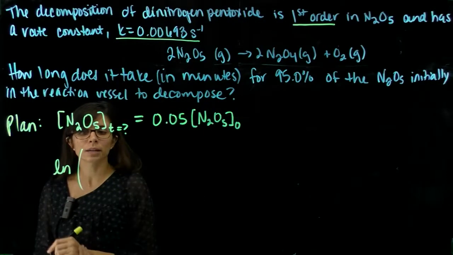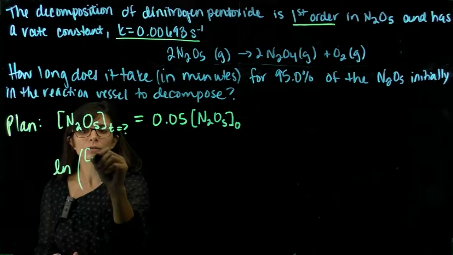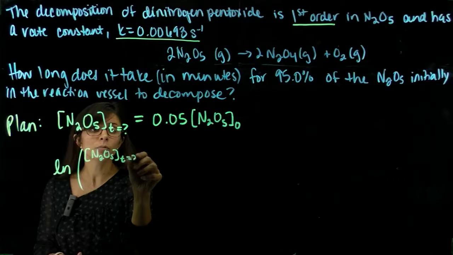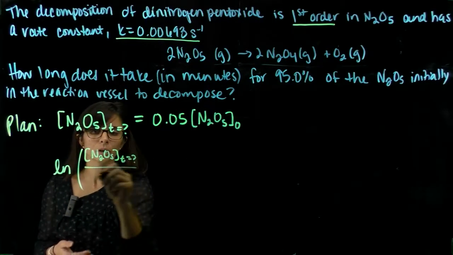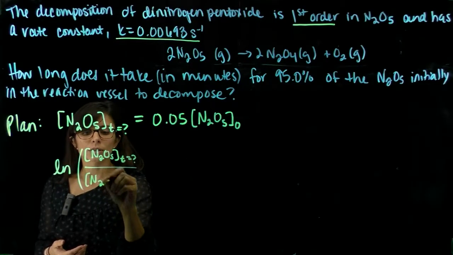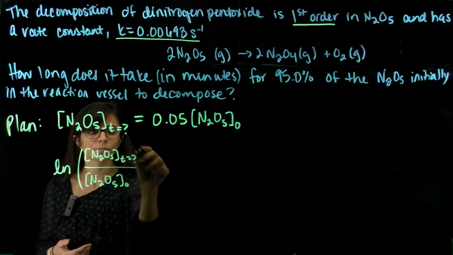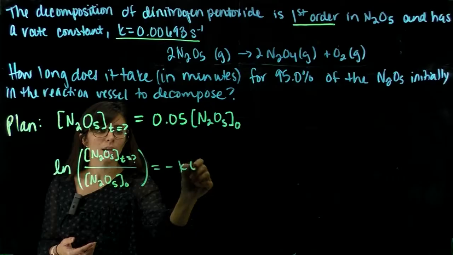And so we can take the natural log of the concentration of N2O5 at the given time, which is what we're looking for, divided by the initial concentration of N2O5, and that's going to be equal to negative kt.